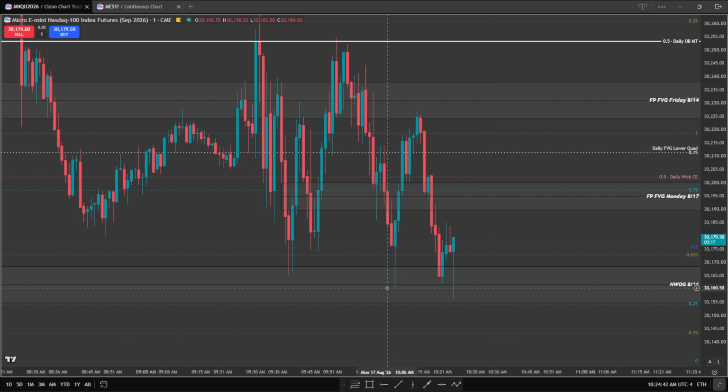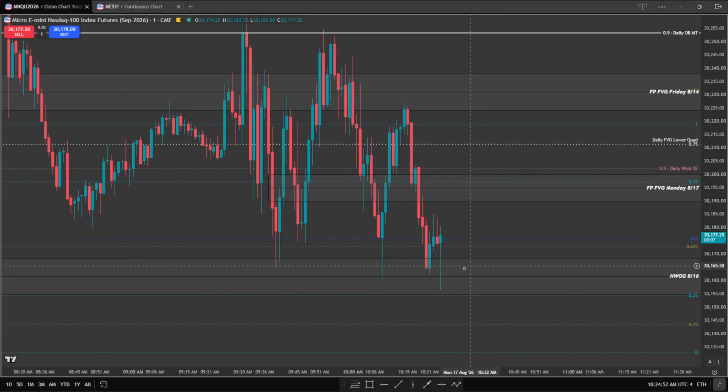That's interesting. We just stabbed that really aggressively. Those lows there, and then we're snapping back out of that really quickly here using the new week opening gap.